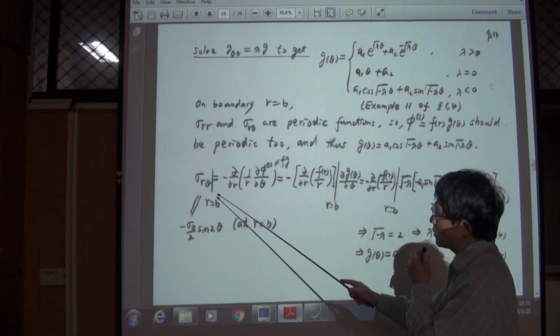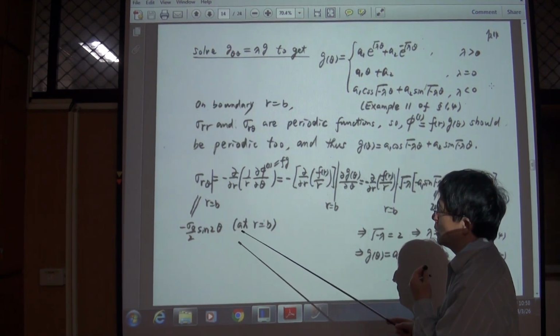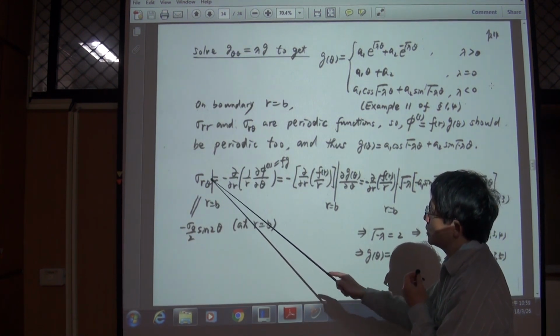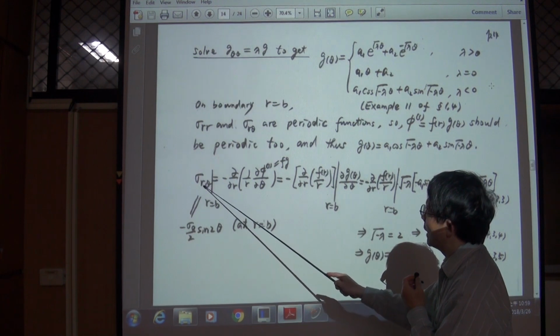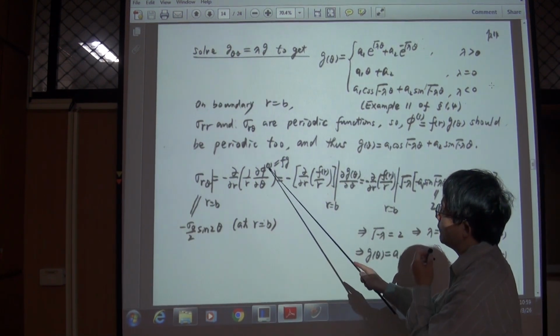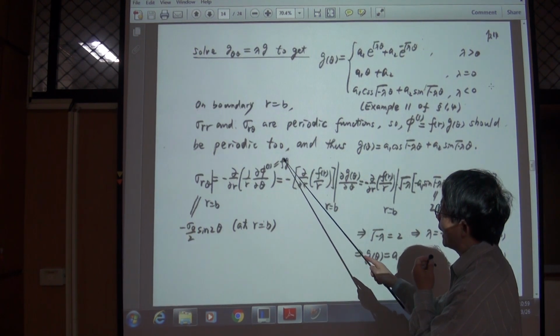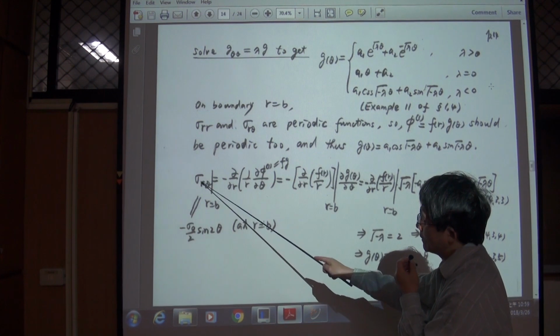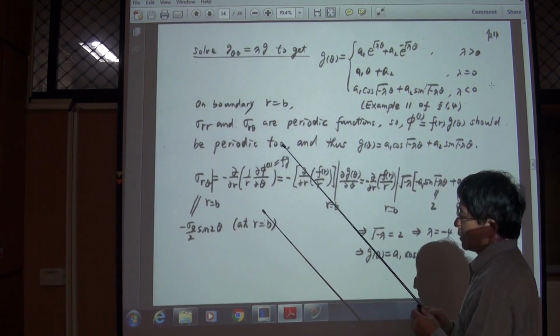Now, according to the formula of the stress function, we can compute the stress component sigma r theta using this formula, where phi bracket 1 is fg. On the outer surface, we have sigma r theta equal to this one.